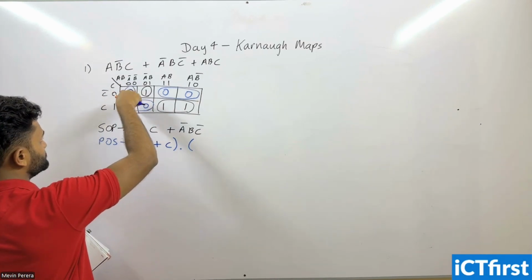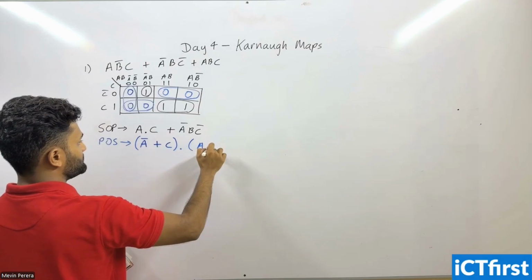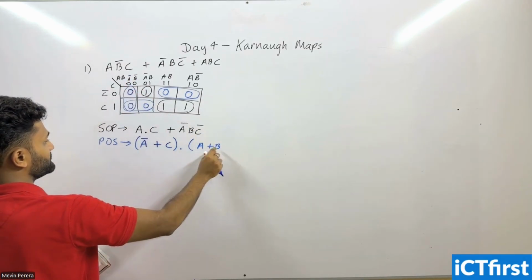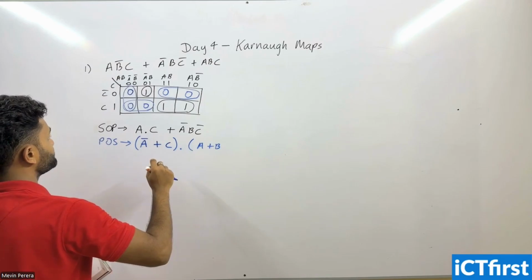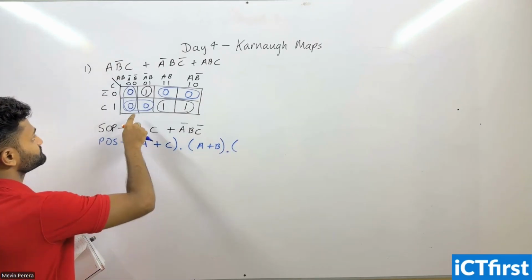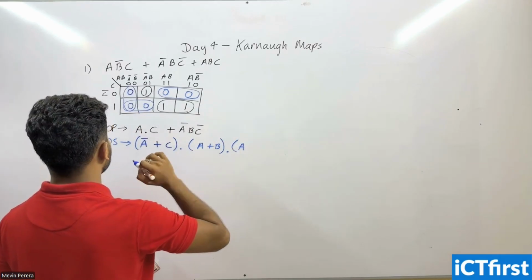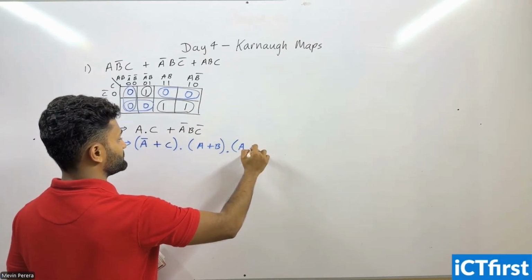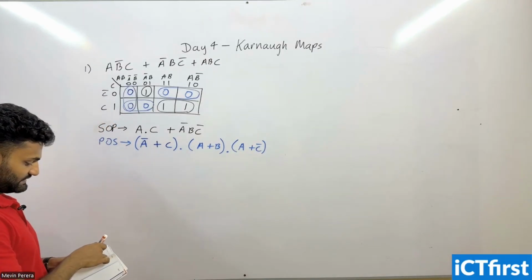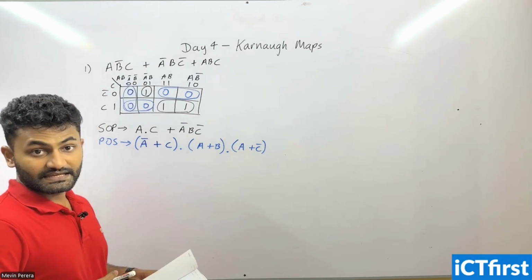Here both of them are common. So A plus B. So in here there are bars, but we should put A and B without bars. All right. Then we move to the next group. Here the common one is A bar. So instead of A bar, we are putting A. Instead of C, we are putting C bar. Okay, so that is the answer. That is the POS expression.